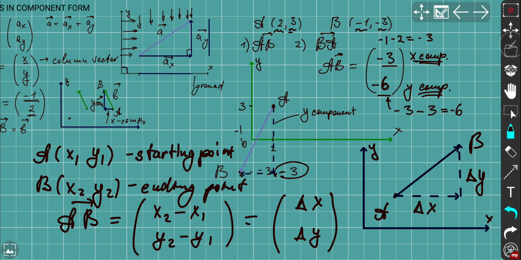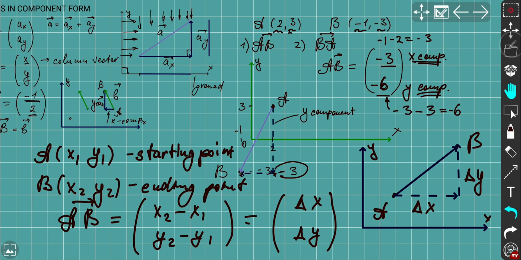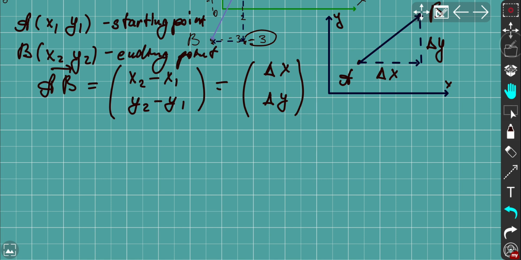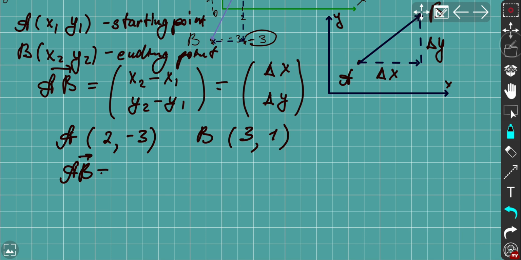So, for example, if you want to do this trick with the following example, let's say coordinates A are 2, -3, and let's take coordinates B as 3 and 1, and we want to figure out vector AB in its component form. You just simply need to use B as the ending point in this case, and A is the starting point.